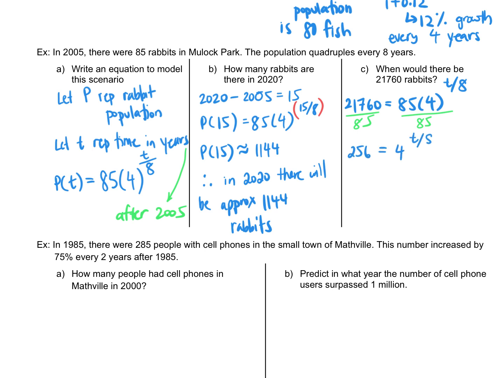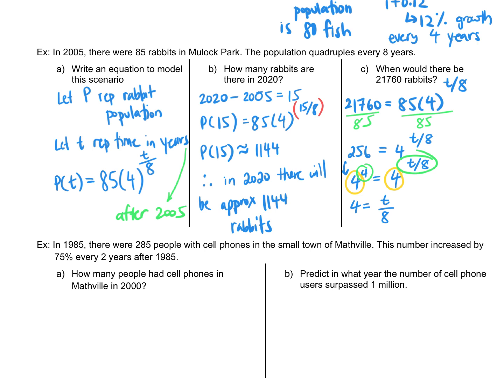And luckily, 256 can be written with a base of 4. 4 to the power of 4 is 256, so I can swap that out. And then I'll rewrite the right, 4 to the power of t over 8. And now that my bases are the same here, I can set the exponents equal to each other. 4 is equal to t over 8.